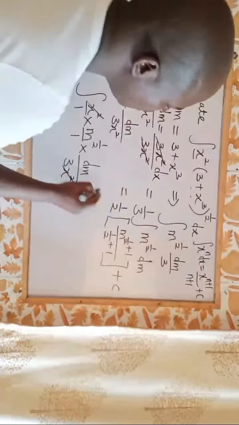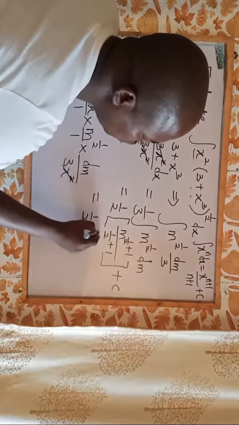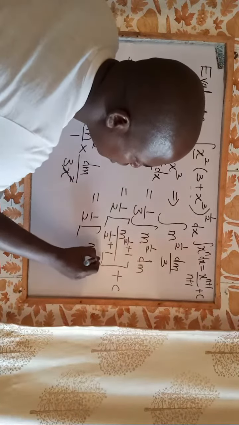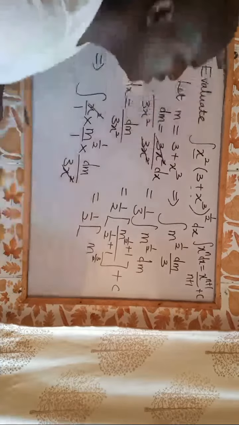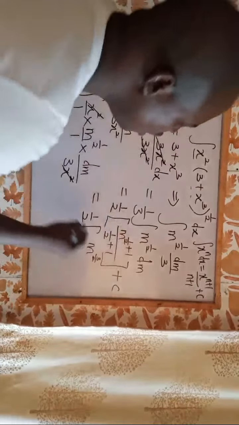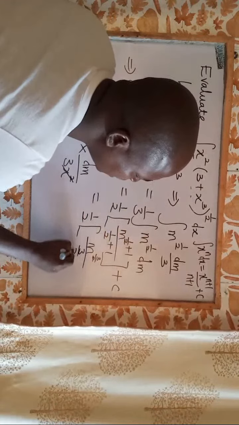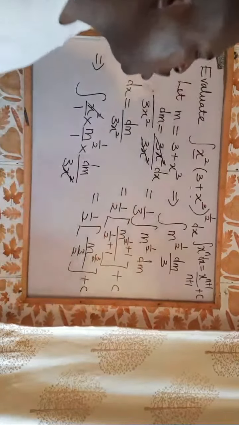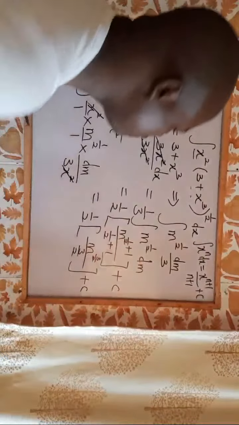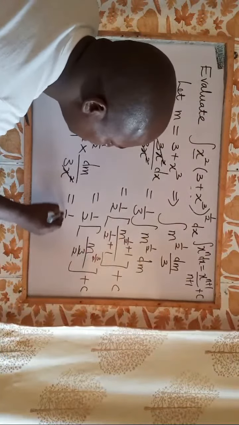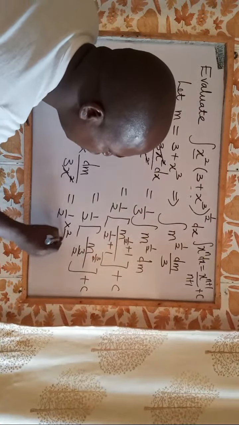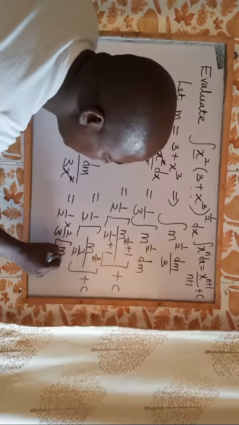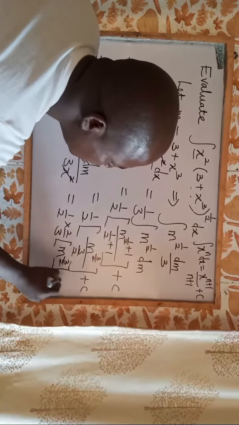So from there, I will have 1 all over 3 into m^(3/2), if you simplify this, all over 3 all over 2. Then plus c. Where do we go from here? If you simplify this further, then you are going to have 1 all over 3 times 2 all over 3, everything m^(3/2), then plus c.